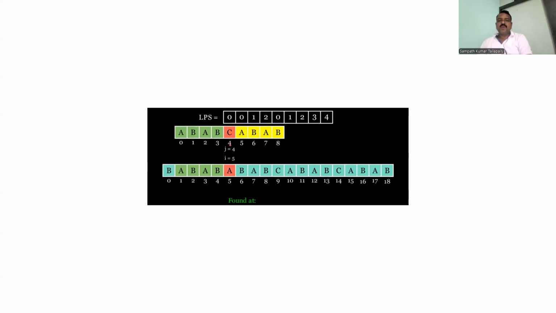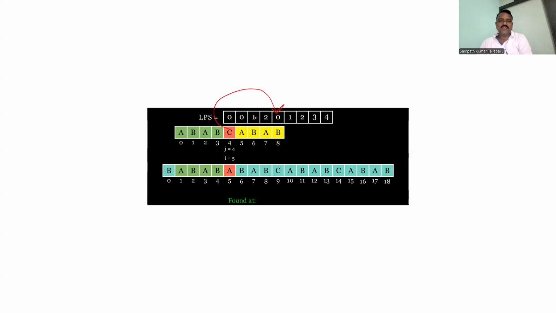Now, at this point of time, the characters pointed to by my J and my I are not same. When these two characters are not same, we need to take the corresponding value of my C, where J is equal to 4.